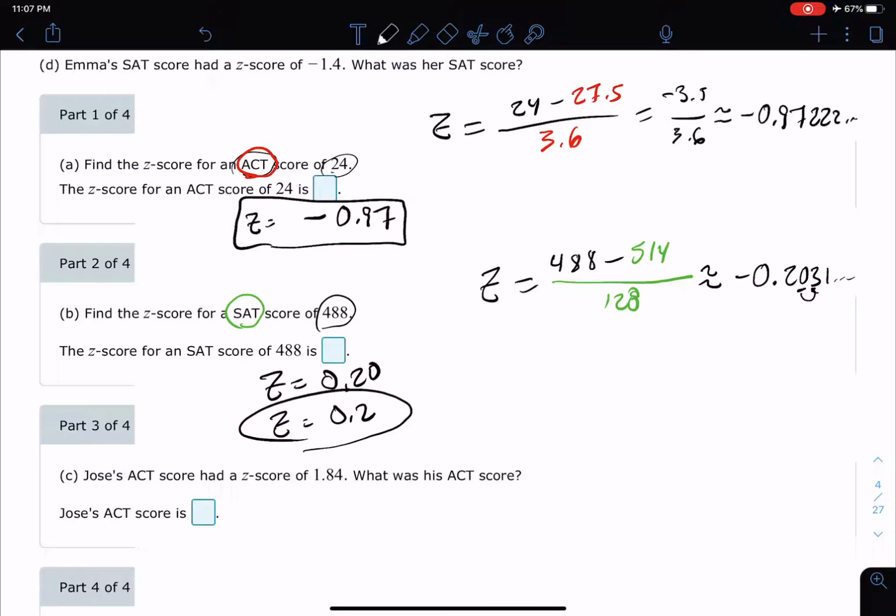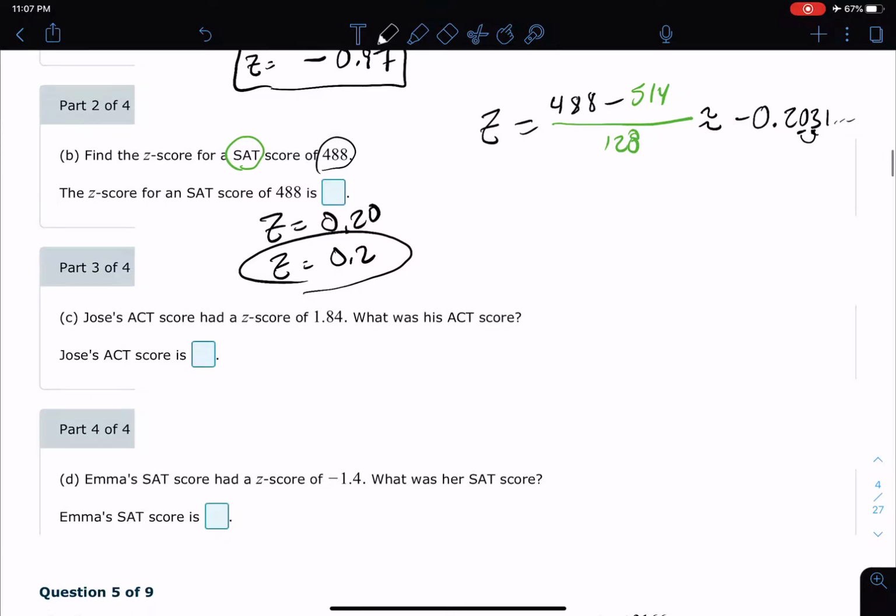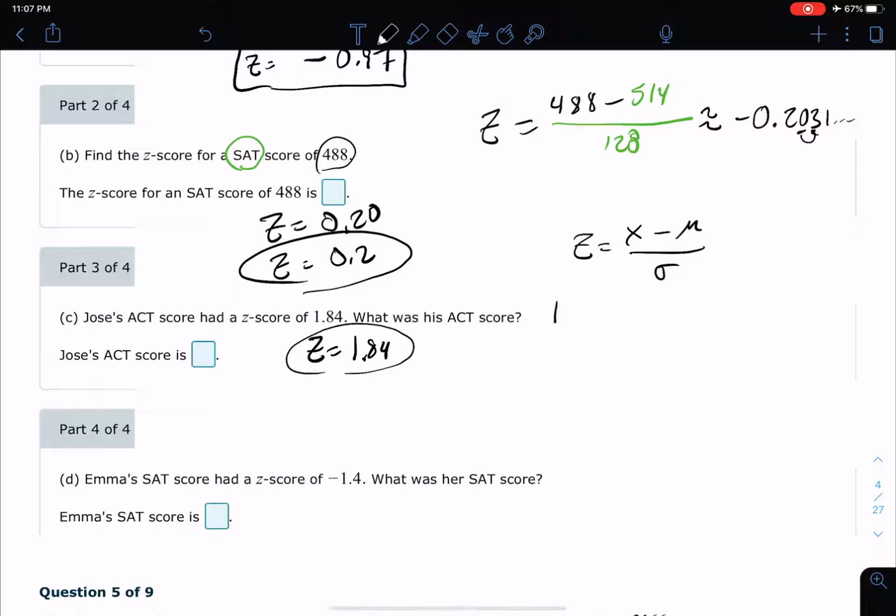All right, the next thing is Jose's ACT score had a z-score. So now this is where we go backwards, right? This is saying the z-score is already known. It's 1.84. The z-score is known, so we use our formula. Remember the formula, z equals that data point minus the mu divided by sigma. So in this case, we know that the z-score already is 1.84.